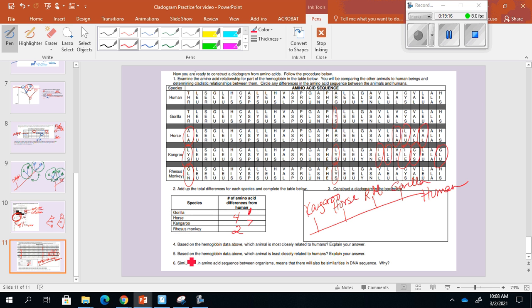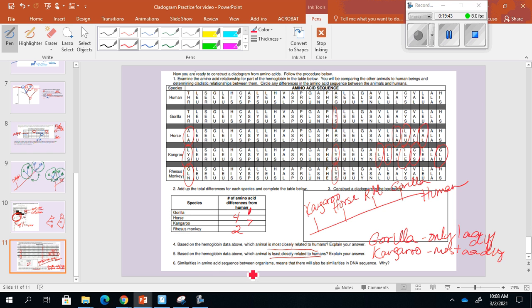So there we go. Based on the hemoglobin data above, which animal is most closely related to the human? It would be the gorilla because there was only one amino acid difference. And which one is the least closely related would be kangaroo because it had the most amino acid differences.